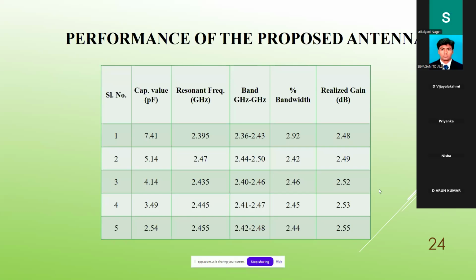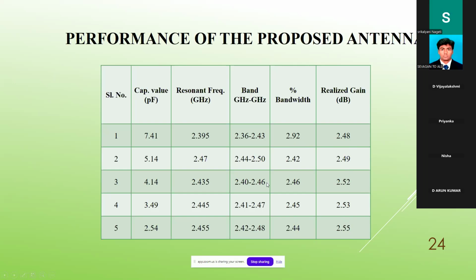The bandwidth is not very good, but approximately below 3% we are getting, and realized gain also we are getting 2.48, 2.49 within that, or the maximum is 2.55.